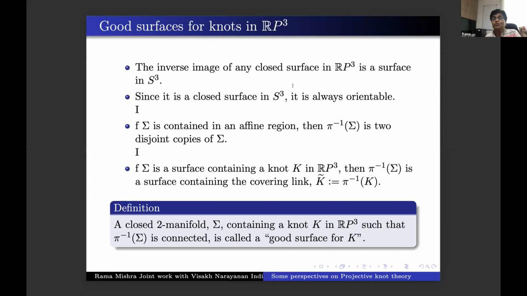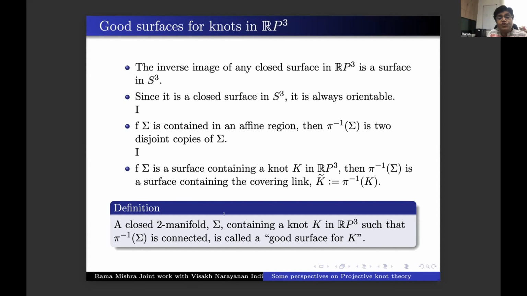We give a definition: we call a closed surface containing a knot K in RP3 a good surface for K if the inverse image is connected. It need not be a Seifert surface, and in fact it won't be. The inverse image is a closed surface containing the covering link, and if it is connected, then we call the surface a good surface.